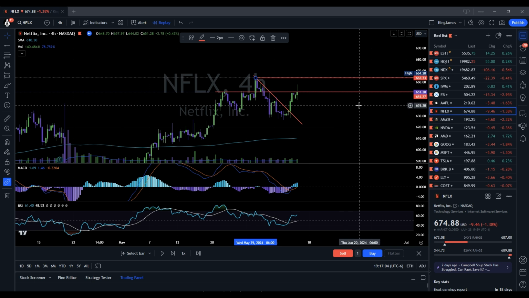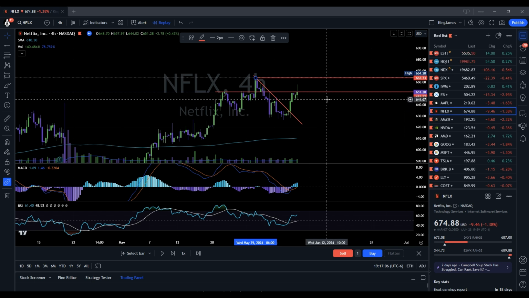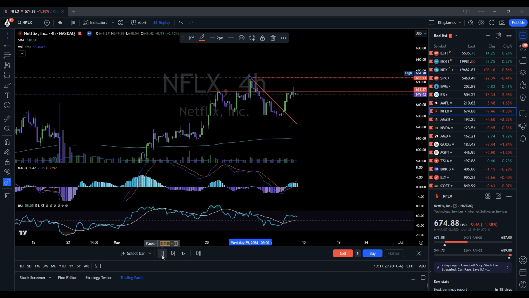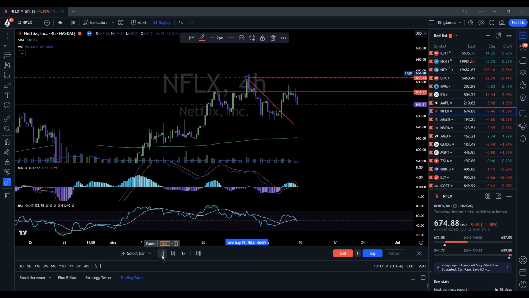So now what we want to do is watch the stock until we get a break above this support resistance line, and then we can enter again for price to reach upwards of the 663 level. So let's watch and see what the stock does now. Okay, so we're getting a rejection at 651 and price is retreating.